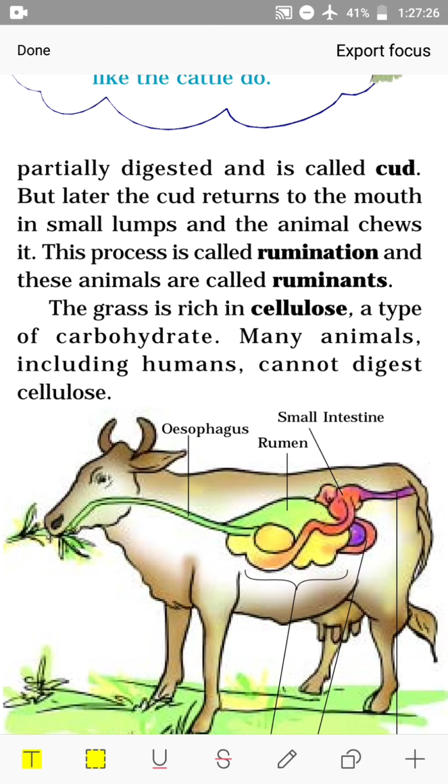So here you see, they take the food and through the esophagus or food pipe it goes to the rumen, this part.